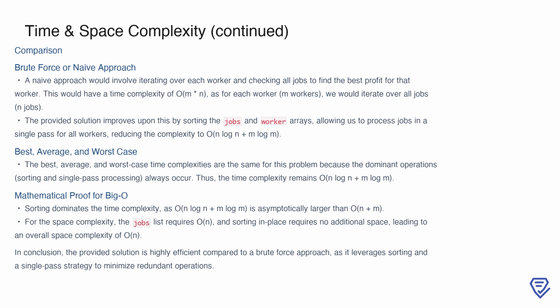When considering the best, average, and worst-case scenarios, the time complexity remains consistent because the dominant operations, sorting and single-pass processing, occur regardless of input conditions. Mathematically, sorting's O(n log n + m log m) term is asymptotically larger than the O(n + m) from the single-pass processing, so it defines our time complexity. For space, the jobs list dominates memory usage with O(n), and in-place sorting ensures no additional memory overhead.